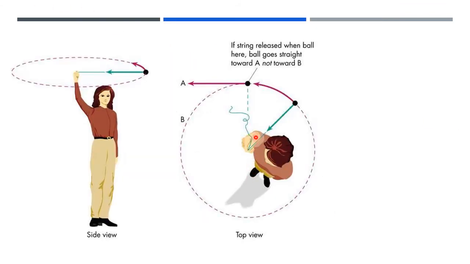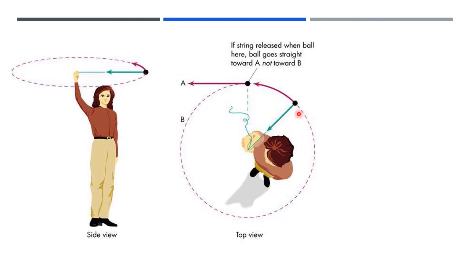Here you will see a very interesting thing. Whenever you take a thread, tie it to a stone or any kind of ball, and rotate it in a circular motion, and in between you release the thread, what will happen? The ball will always move in a straight line from where the thread was released.